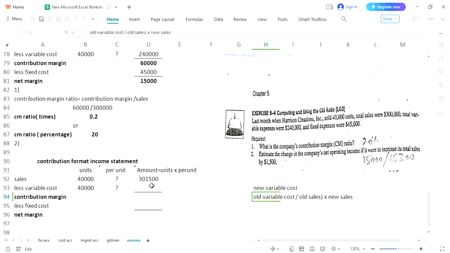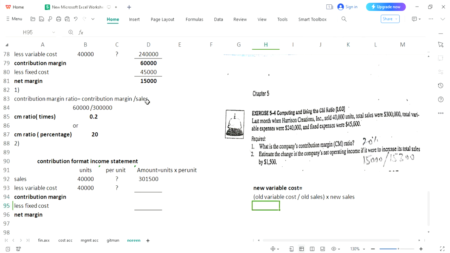Please read it again. To calculate the new variable cost, you have a sort of desi formula. It is not present in any book, but for your comfort, I have just created it for you. Whenever you want to calculate your new variable cost, you will take the old variable cost, divide it by the old sales, and multiply the answer with the new sales, and we will demonstrate it.